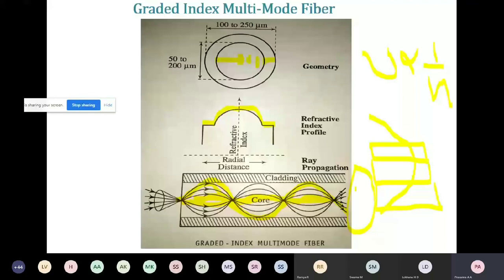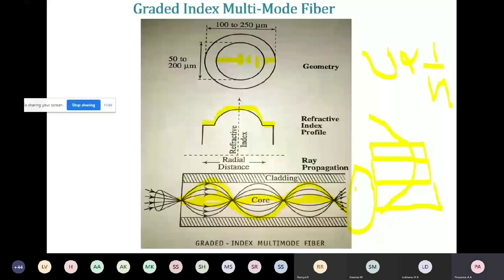Since it supports only a single ray to propagate, there is no question of intermodal dispersion in the single mode optical fiber. But in the step index multimode and graded index multimode, intermodal dispersion is there, hence they cannot be used for long distance communications.